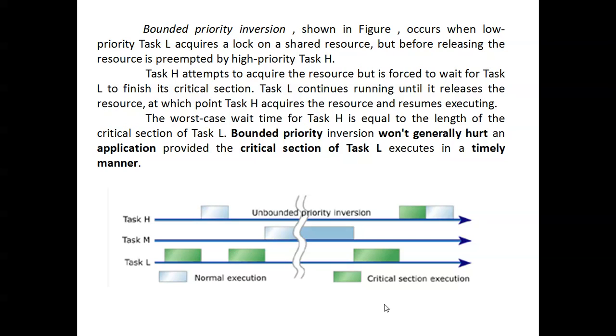Similarly, in the worst case, the blocking time of task high is equal to the length of the critical section of task L. Bounded priority inversion won't generally hurt an application, provided the critical section of task low executes in a timely manner. You can see task low, task medium, and task high. We already know the normal execution and the critical section execution, that's the green.